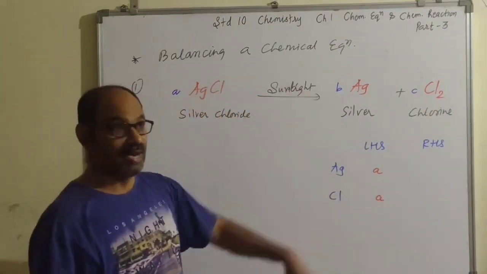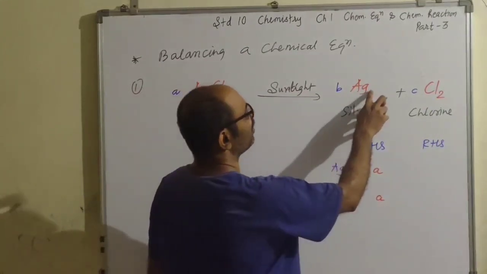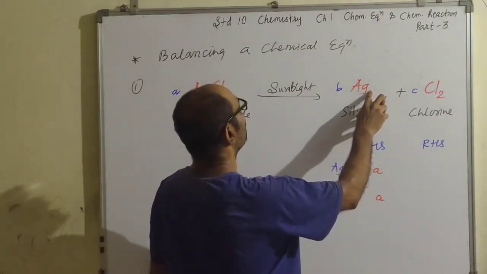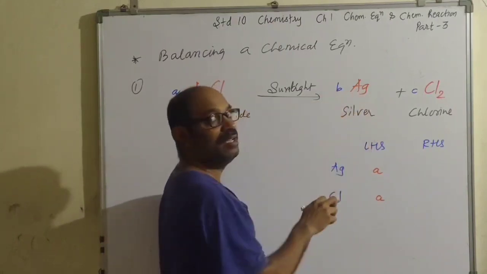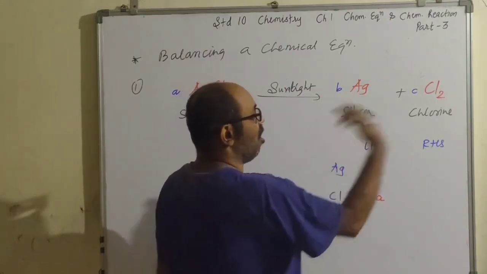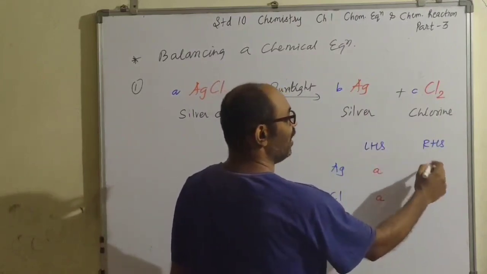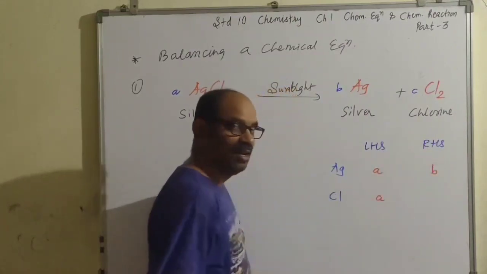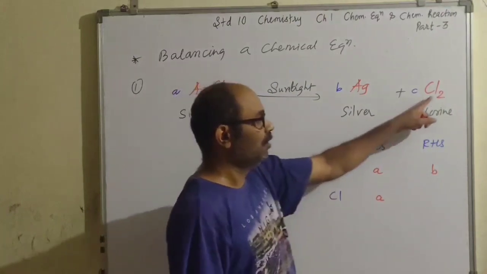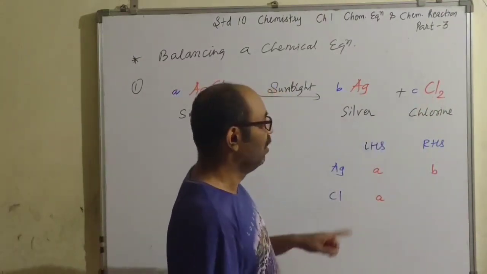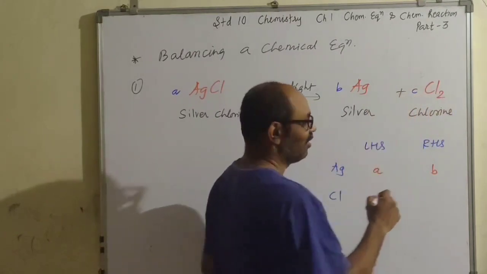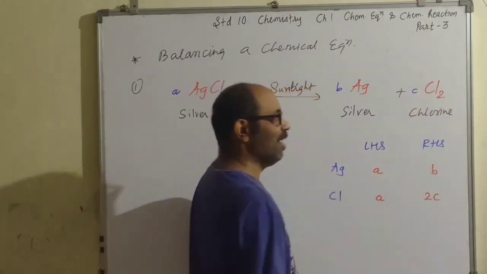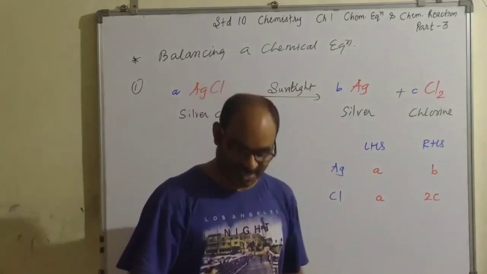Now we move to the right hand side. Here the subscript of Ag is 1, so 1 into B. So B atoms of silver on the right hand side. Now see chlorine. The subscript is 2 into C, so that is 2C atoms of chlorine on the right hand side.